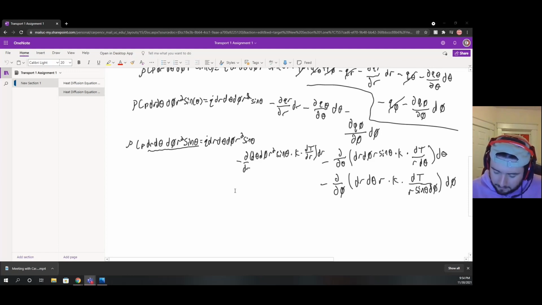So each of our coefficients here will be able to be taken out, and then we'll divide. Also, the k is being taken out. Forgot about that. Now that should clean things up a bit. Next step that we're going to do is divide by that volume and cancel out terms.